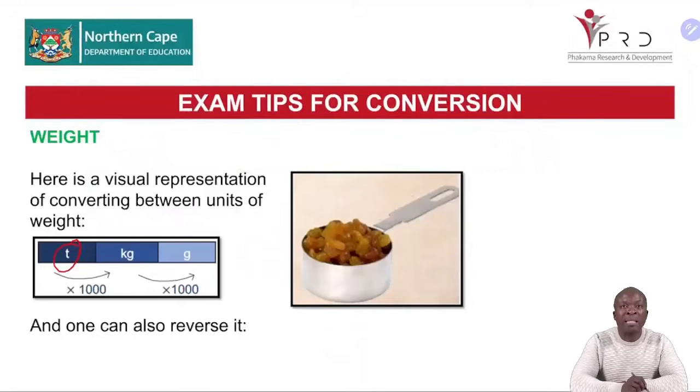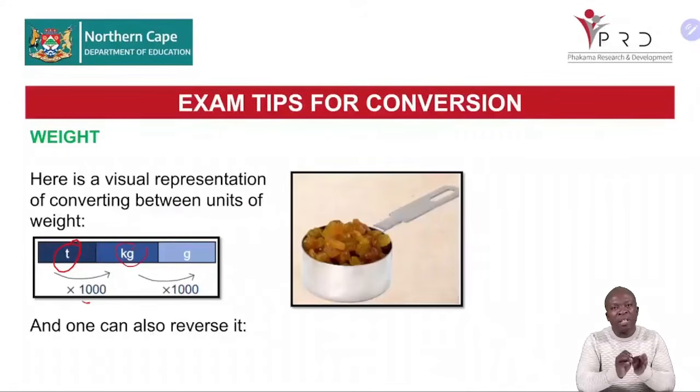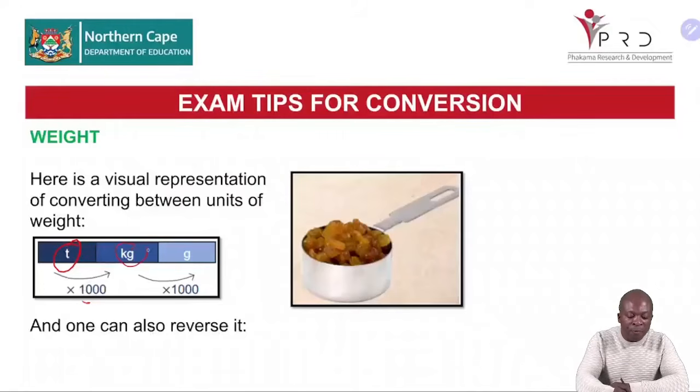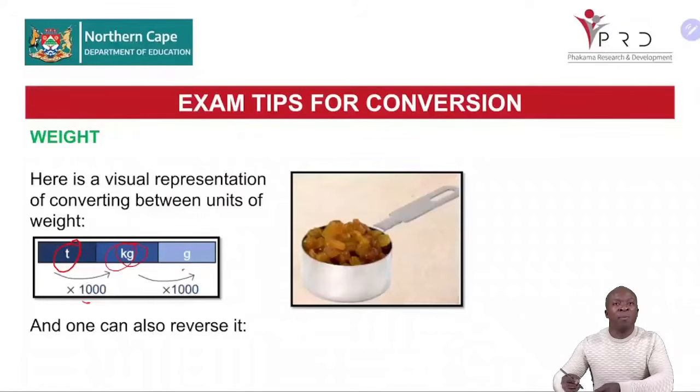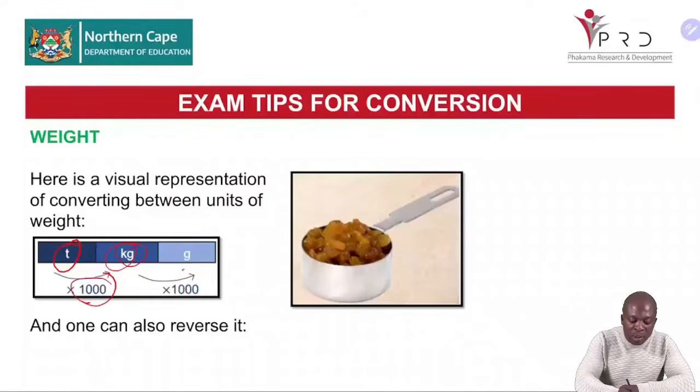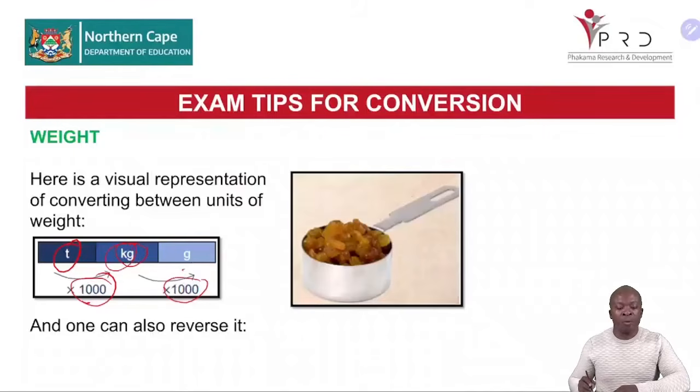When you have 1 ton, it is equal to 1000, meaning every time you are moving from your left to your right, then you multiply by 1000. If you have a value in kilogram and you want to take it to gram, you also multiply by 1000. In the end, can you see we still have our 6 zeros?